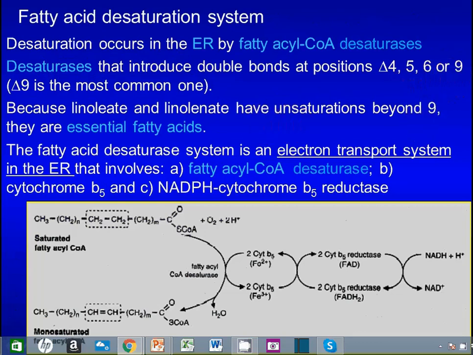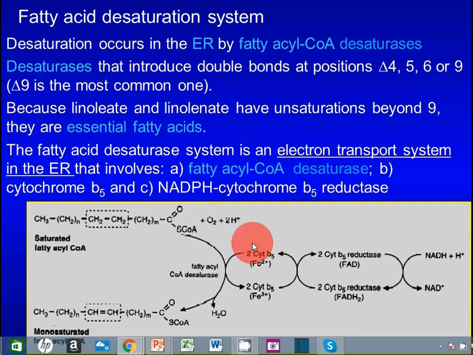The fatty acid desaturase system is an electron transport system in the ER that involves three proteins. One is fatty acyl-CoA desaturase. Second is cytochrome b5. And third, NADH cytochrome b5 reductase.